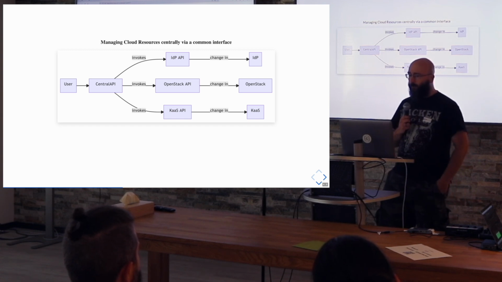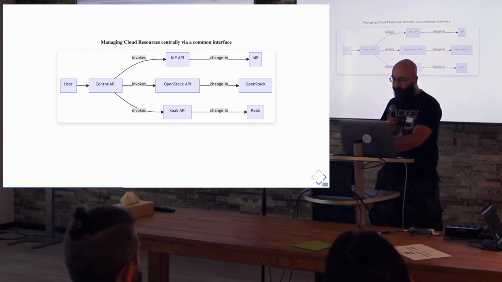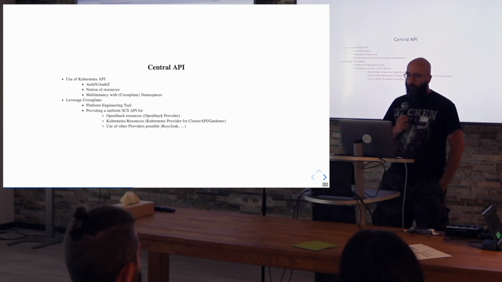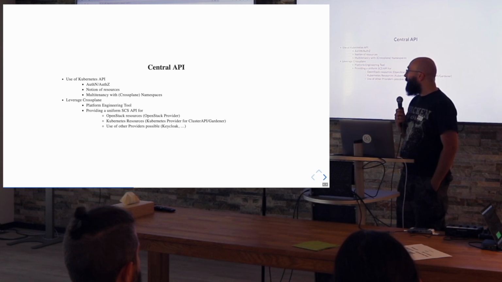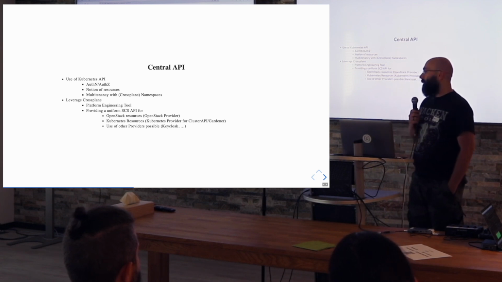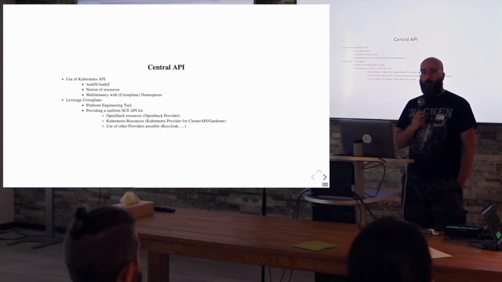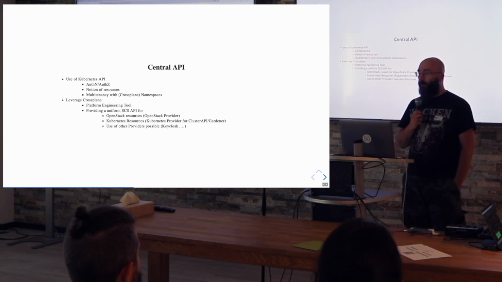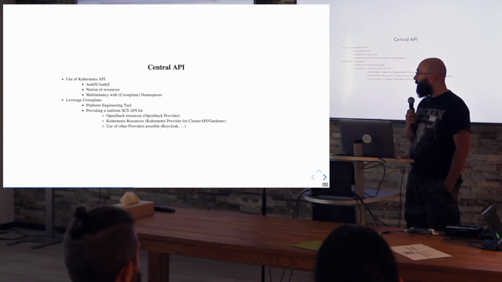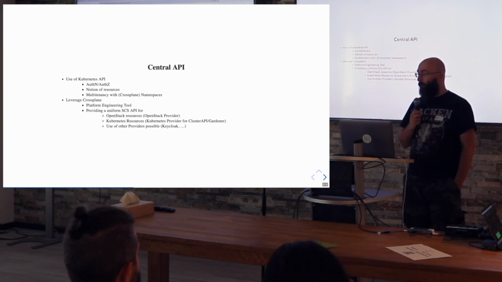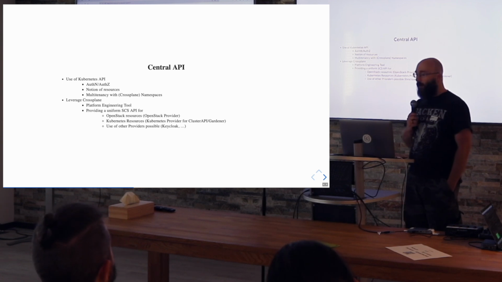And we chose an approach to also use a Kubernetes API, because the main benefits of using Kubernetes is that the authentication and authorization is really well known and already used by many people with the Kubernetes RBAC.